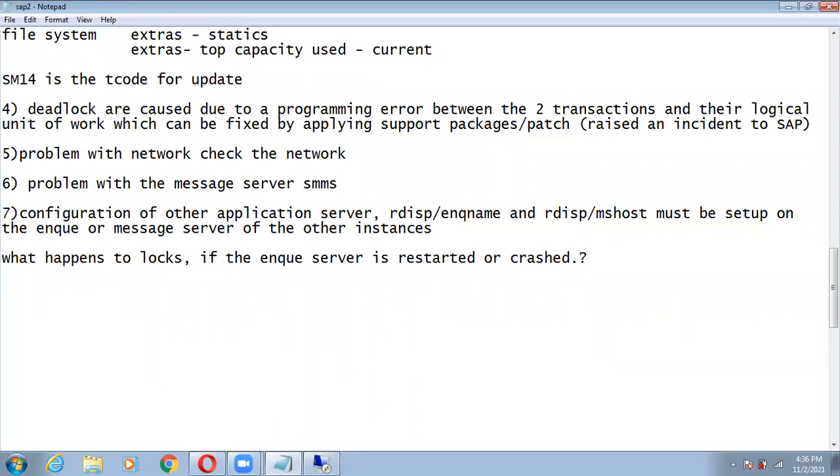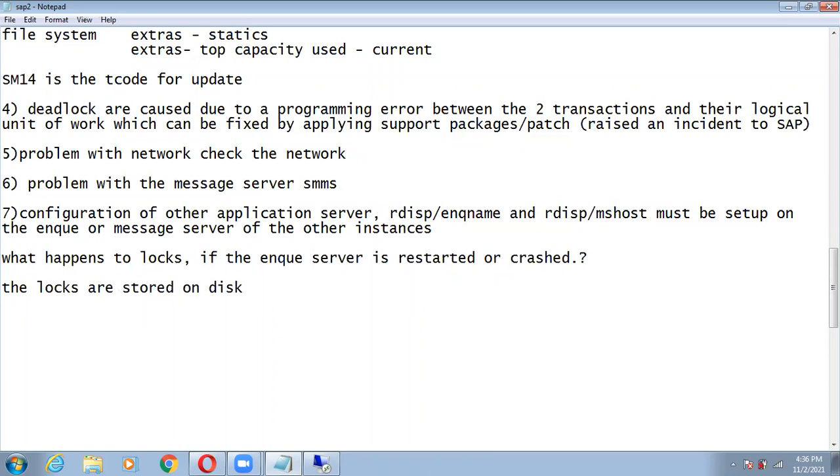Okay. So generally the logs are stored on disk.